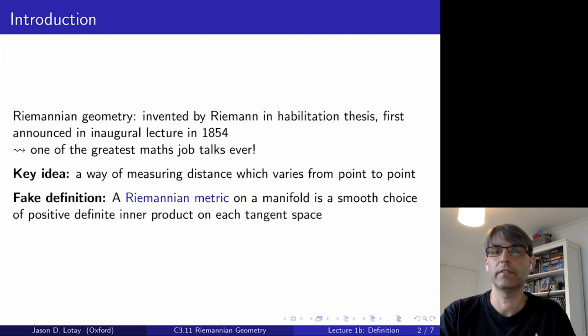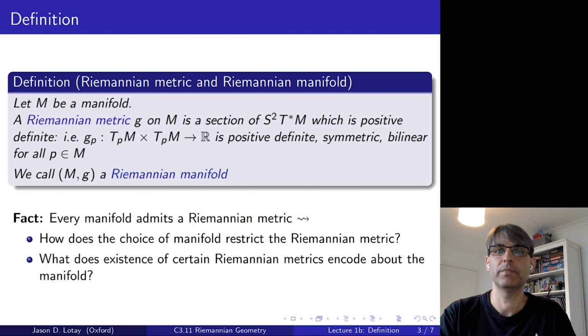Now, this informal definition is actually good enough for this course, but let's give ourselves the formal definition so that we have it to hand. So the formal definition is: if we're given a manifold M, then a Riemannian metric g on M is a section of the second symmetric power of the cotangent bundle of M. If you don't remember what this is, I recommend that you have a look back at the relevant lecture from the differentiable manifolds course.